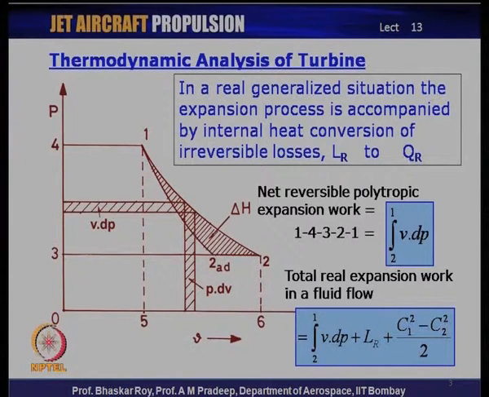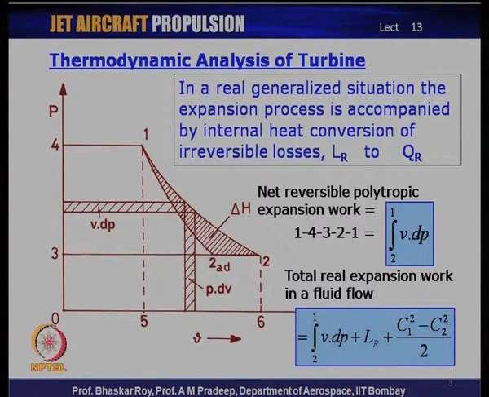The net reversible polytropic expansion work is given by the area 1 4 3 2 1. This is the area you would normally use from the PV diagram for figuring out the reversible polytropic expansion work.